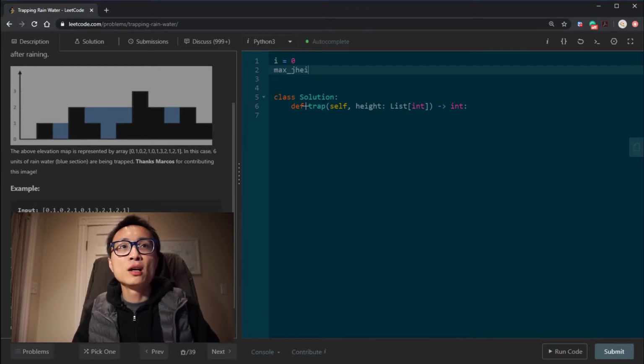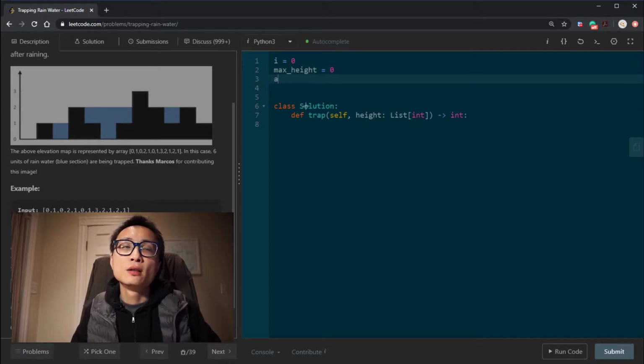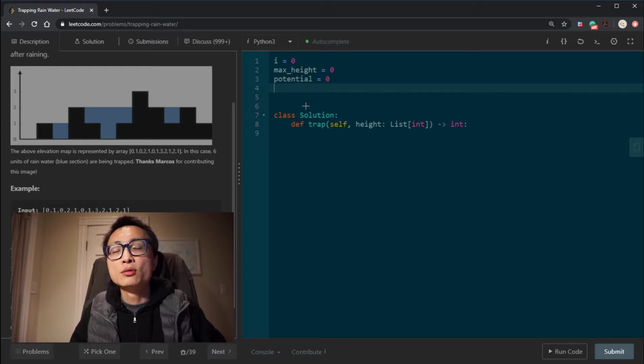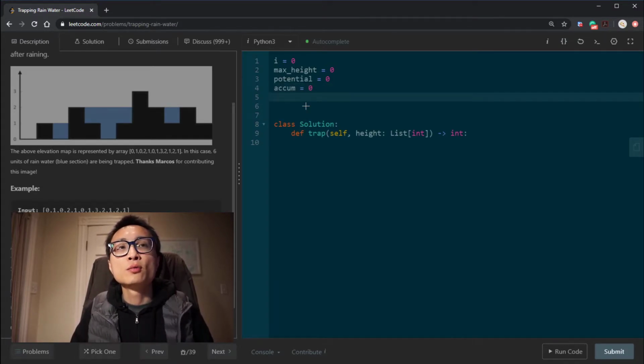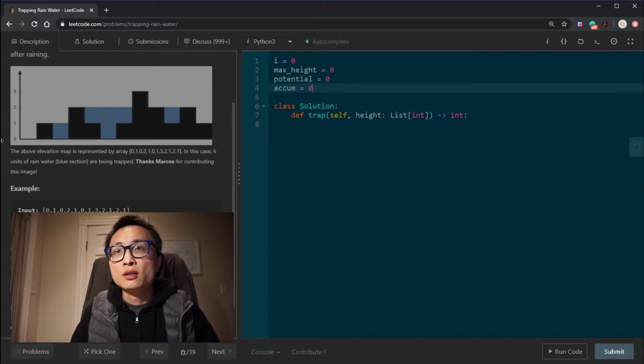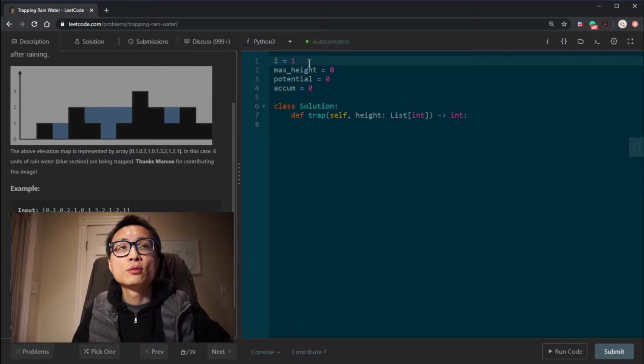So just as an example, let's say that we are at location 0. The max height we have seen so far is 0, and the potential amount of water we can trap is 0. The total amount of water we accumulated is 0 as well. So we are at this low ground. Then we move right by 1.